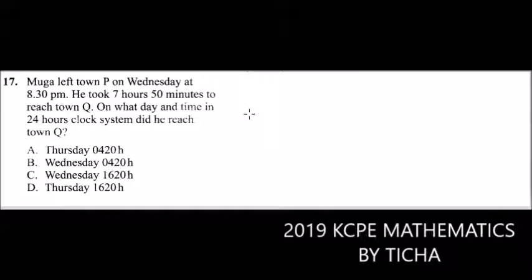We have 8:30 p.m., that is a 12-hour system. To convert that to 24-hour system, we add 12, so you get 20:30.